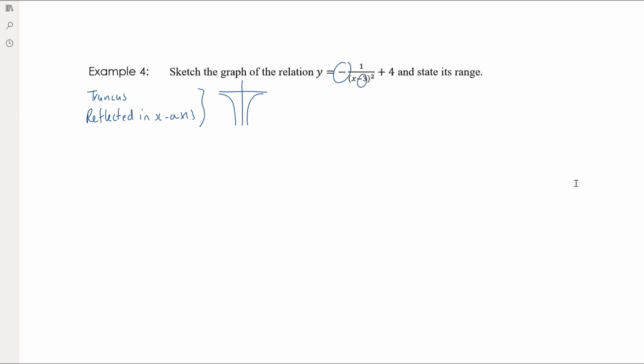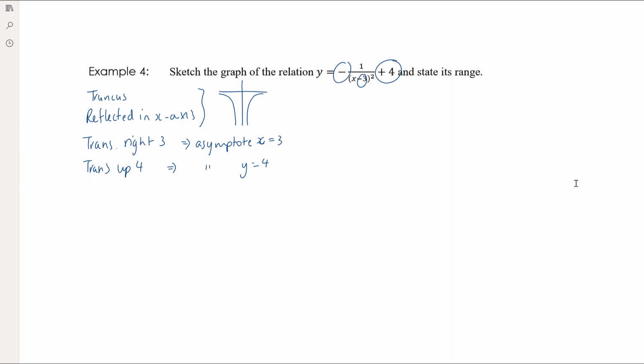The -3 in here is a translation to the right by 3, which means we'll have an asymptote when x equals 3. And we've also got a translation, this one here, up by 4, which means that we'll have an asymptote when y equals 4.